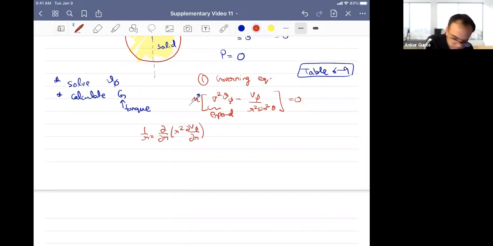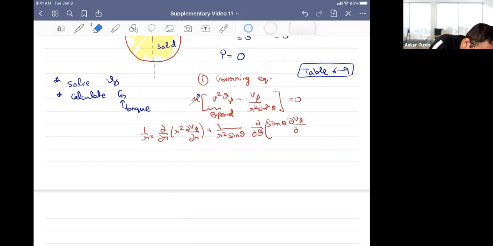Plus 1 by r square sine theta in the denominator, sine theta del by del theta. Okay. Sine theta inside, del v phi by del theta.